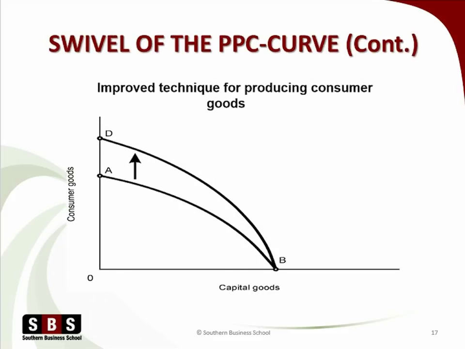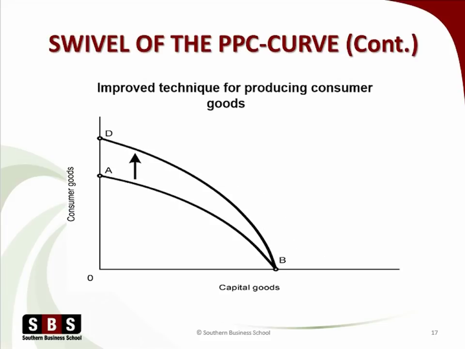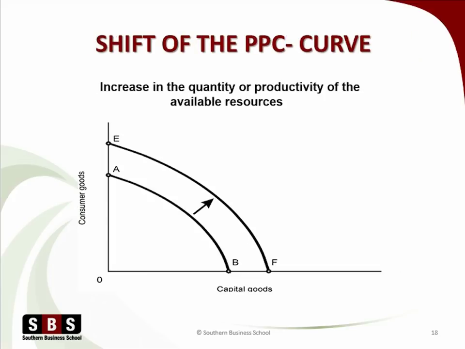So it's an improved technique for producing consumer goods, where capital goods, in the assignment, was kept constant, and you have to read the question, what is asked. Some students drew this one, because they didn't read the question properly. Just make sure you read your questions properly always. So you need to know the swivel of the curve, and then I think this one was also in the assignment. That's when the techniques for both are increased, then it's a parallel movement.